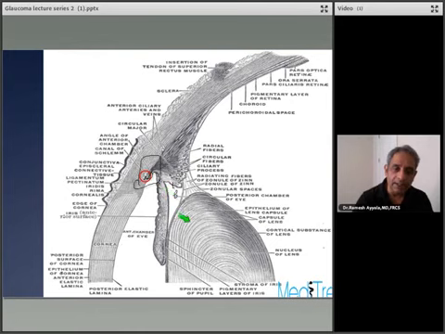Here is your lens. Here is the iris, and here is the pupillary margin right there. And so the aqueous that is produced here comes out through the pupillary margin into the anterior chamber, and from there exits out through the trabecular meshwork into the Schlemm's canal, and from the Schlemm's canal into the venous circulation.